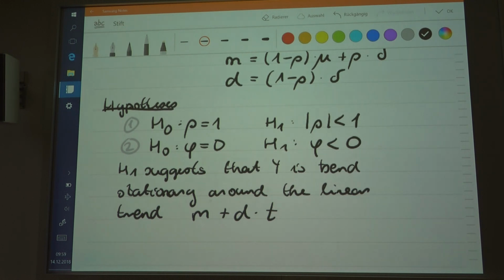For instance, interest rates are relatively constant, okay? So they are stationary, but not with the zero mean. So for interest rates, let's say you would use model 2. But for instance stock prices, there is a linear trend there.